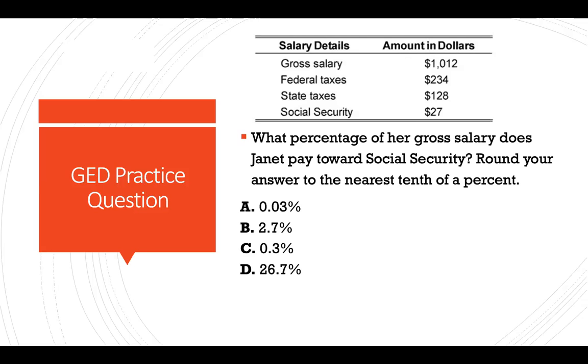So how do we figure out what percent of her salary is going towards Social Security? How do we figure that out?